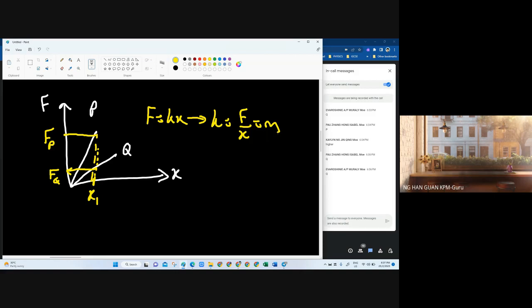It's Q again. Spring Q is longer in original length, because the longer the spring itself, the softer the spring becomes.